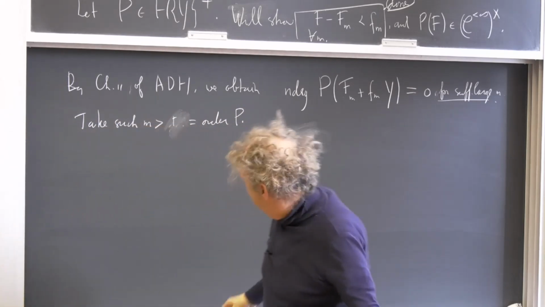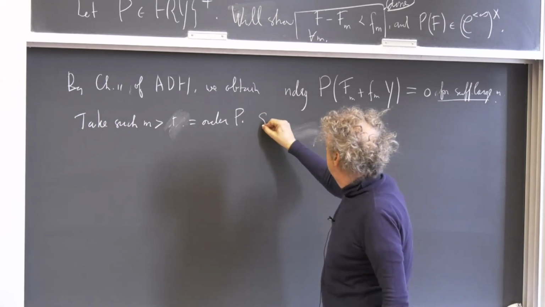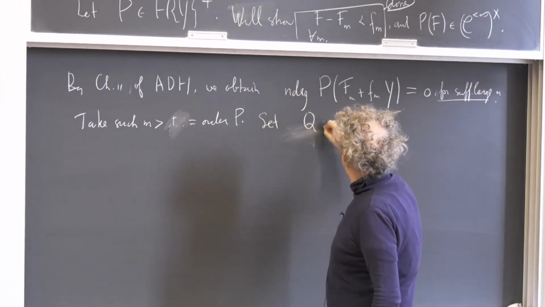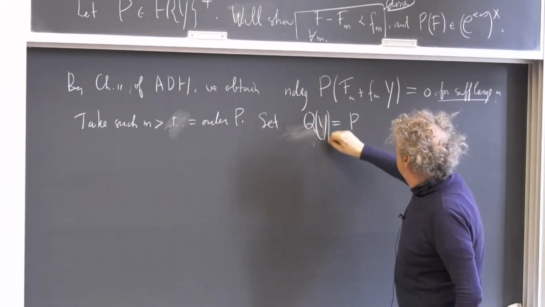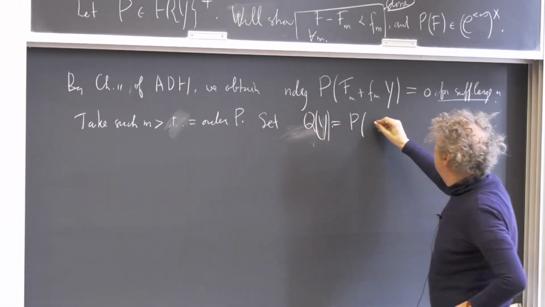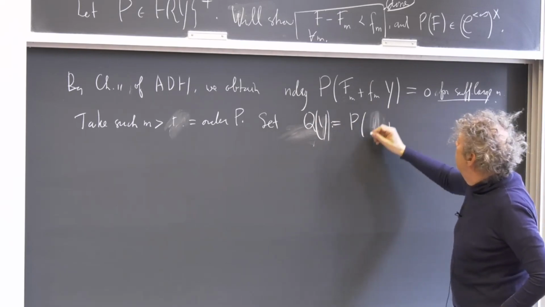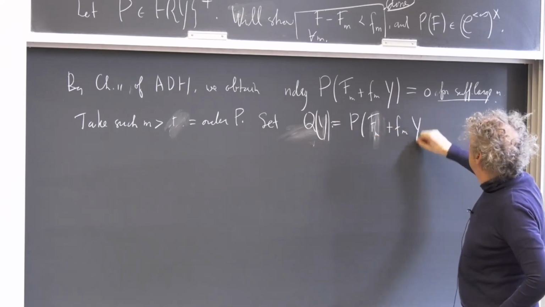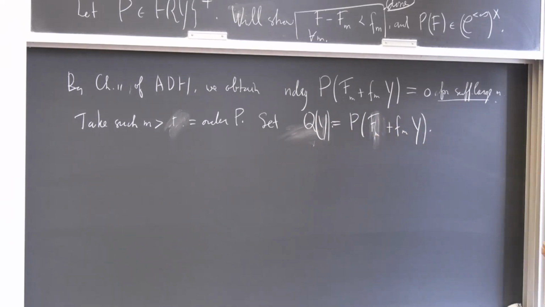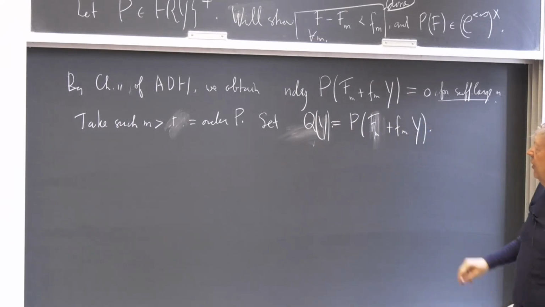And let's simplify notation and call this Q. That's Q. Q is now simply this affine transform of our original differential polynomial, and let's figure out what this says.